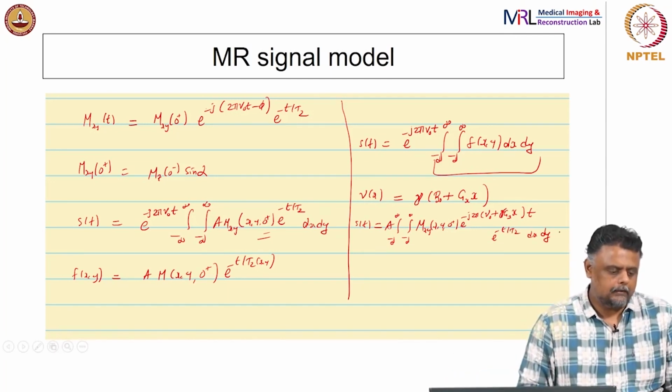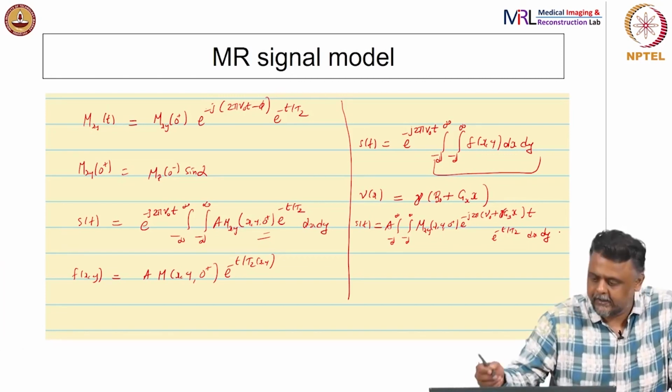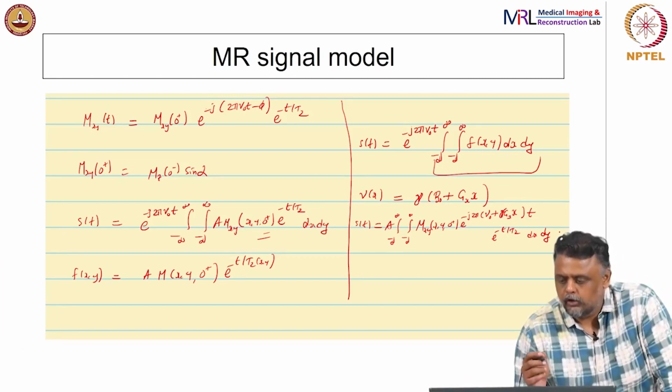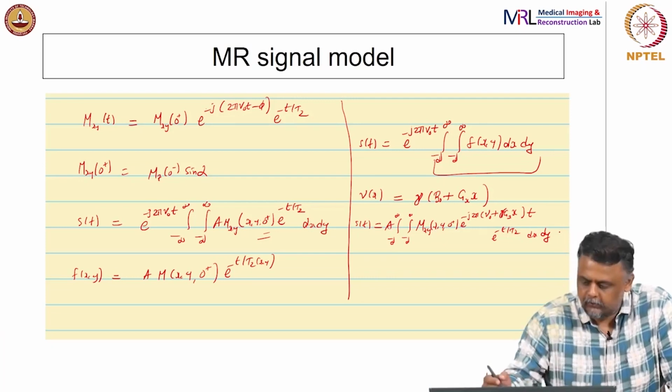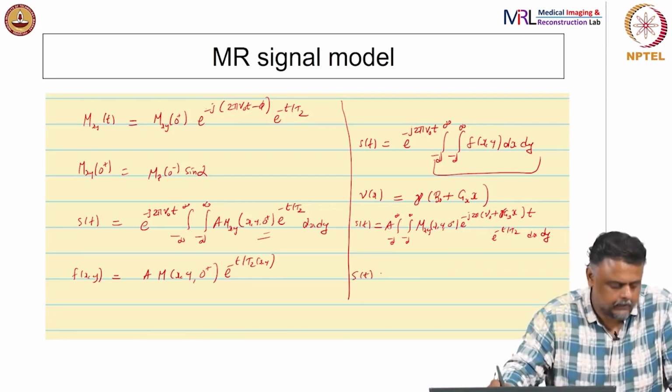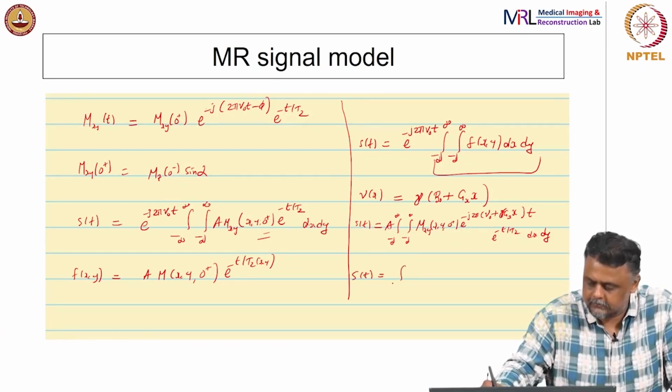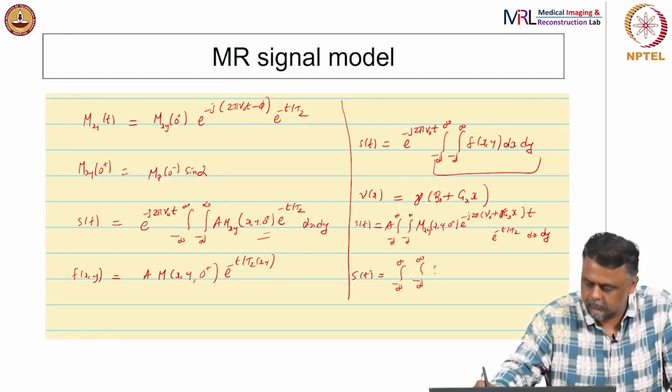Okay. So, the part that is changed is this, and then you can still take out e raised to minus j 2 pi nu 0 t. What you will get is that the signal you are measuring is basically this.